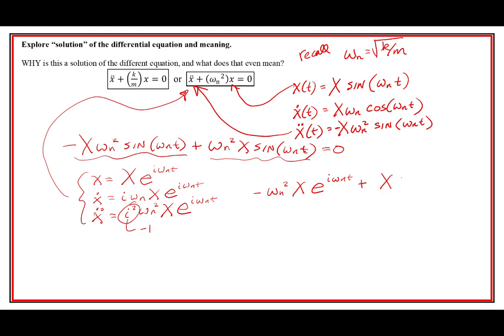Whoops, we have to put the omega n squared in there, because that comes from right there, times x from right here, e to the i omega n t equals 0. And if we look at that, yes, it checks out. So these are important things to recognize.